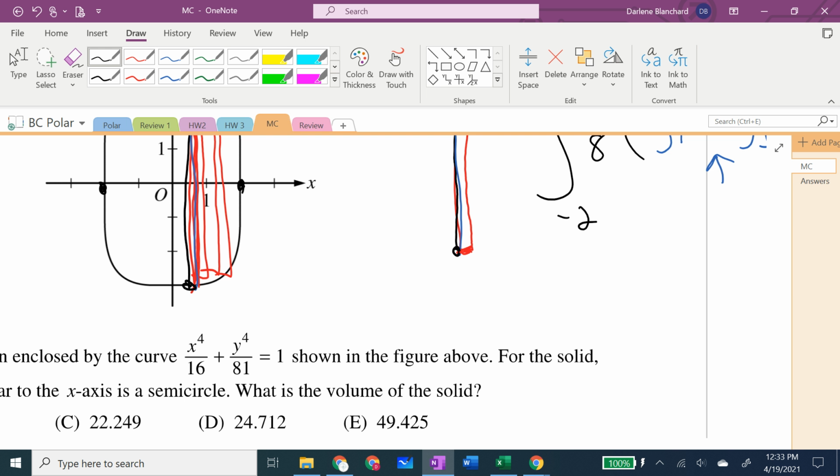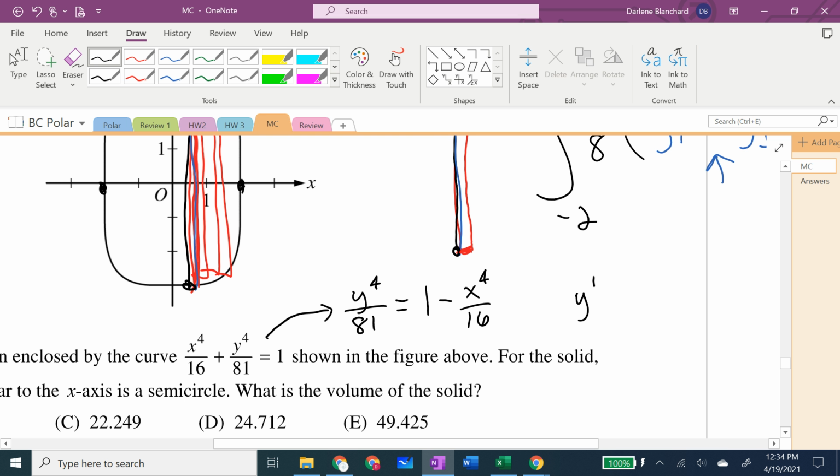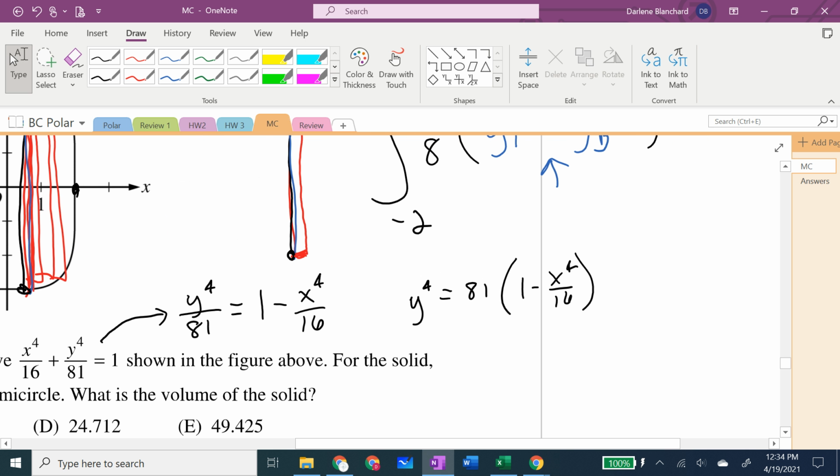But if you need to know the y values, you need to isolate y. So I'm going to take this equation. I've got y to the 4th over 81. I'm going to subtract x to the 4th over 16. Then I'm going to multiply by 81. And then I'm going to fourth root the whole thing.